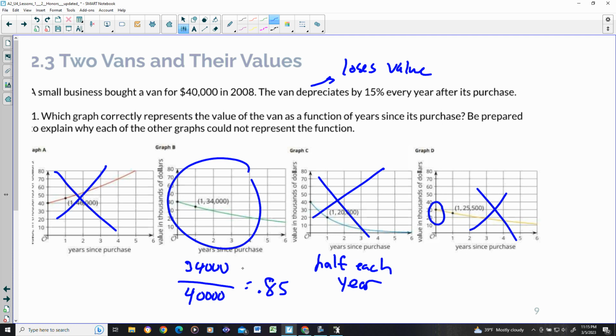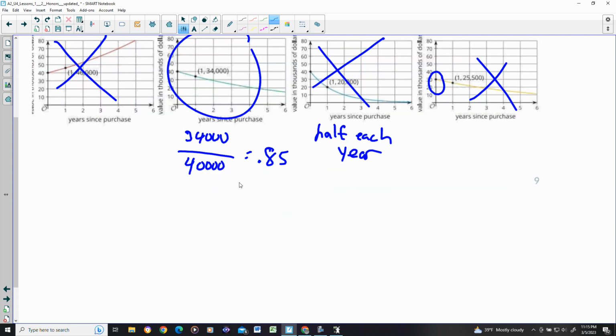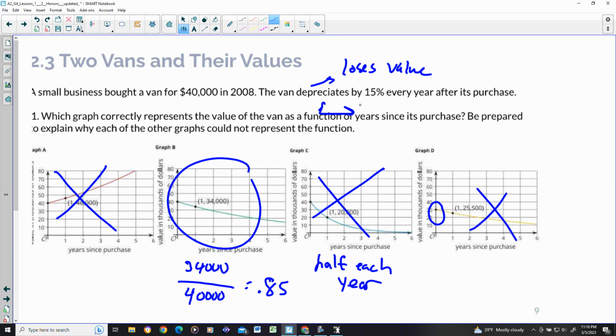Now, where does the 85 come from? Well, 15%, the remainder must be 85, right? If you take away 15% of its value, what's left is 85%. So when a van depreciates by 15% each year, what this means is it retains 85% of its value.